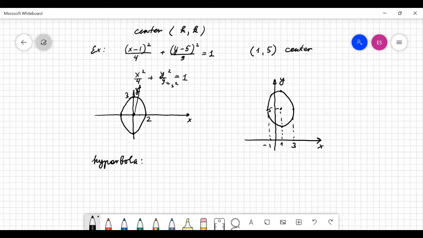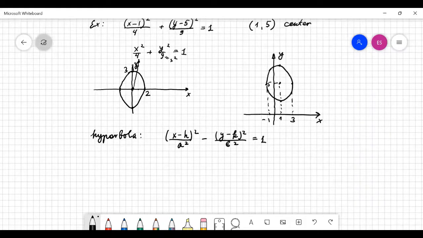What is going to be a shifted hyperbola? Well, the same way: x minus h squared over a squared minus y minus k squared over b squared equals 1. So that's a shifted hyperbola with center h and k.